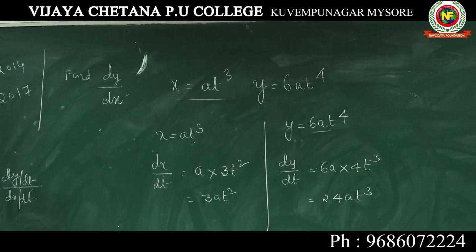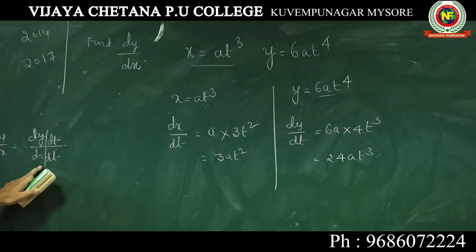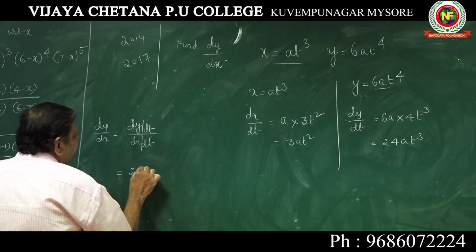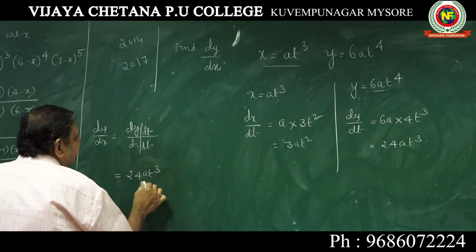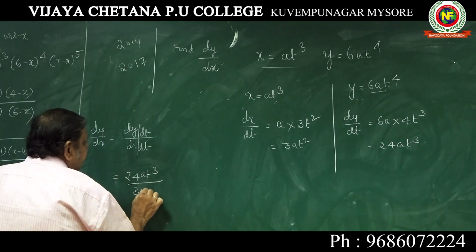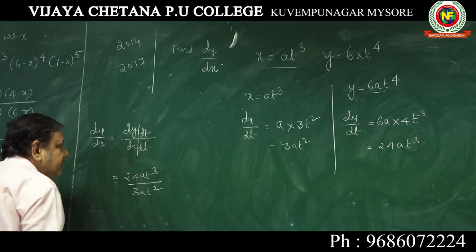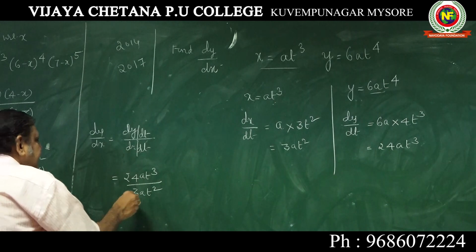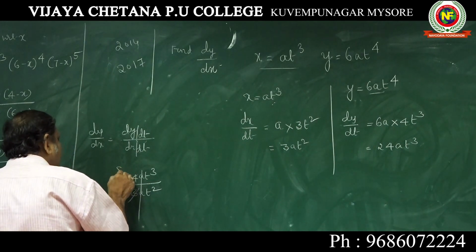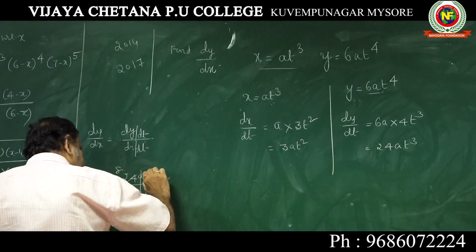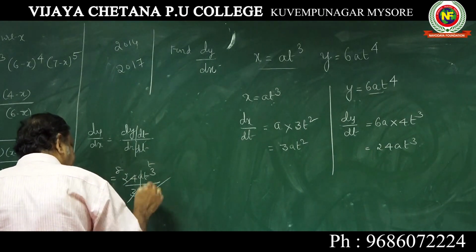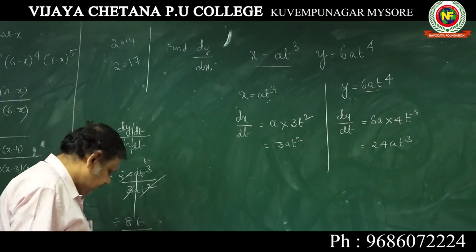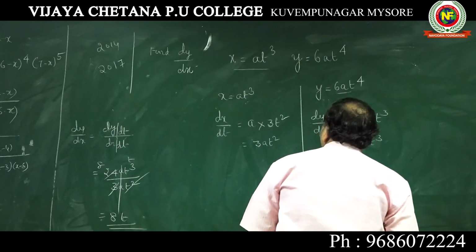Now you know the formula dy by dx equal to dy by dt by dx by dt. dy by dt is 24at cube divided by 3at square. Don't make it upside down, then it is wrong. It is dy by dt by dx by dt. 3a cancels, 3 eights are 24, that goes, and t square, t will be remaining there because 3 is there. So the answer is 8t. 8t is the answer.